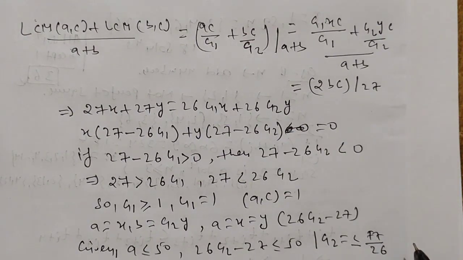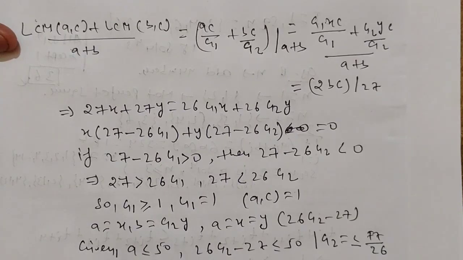Now we have the value of G2 is equal to 1 and 2, because G2 is less than or equal to this value and will only contain the values 1 and 2, because we cannot take 0.